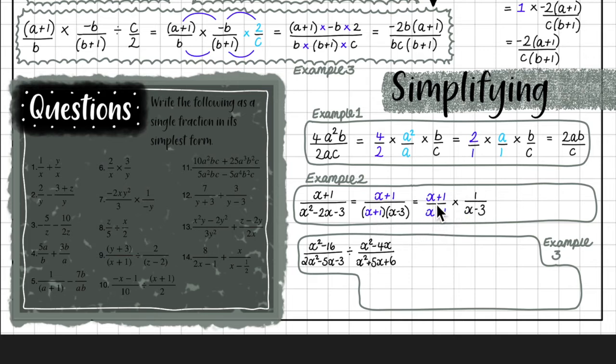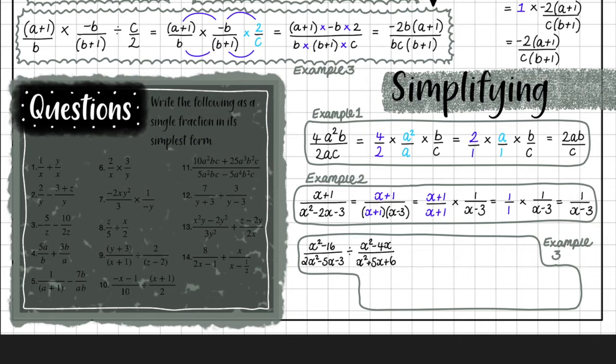Now we know that one thing divided by itself is just equal to 1. So this whole fraction just becomes 1. Therefore, we have 1 times this fraction, which results in just this fraction. So here we go, which then becomes, this is so much nicer. This fraction is equal to this, but here it is in its most simplest form.